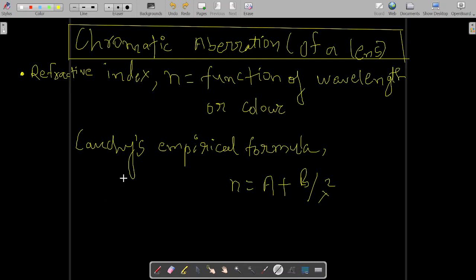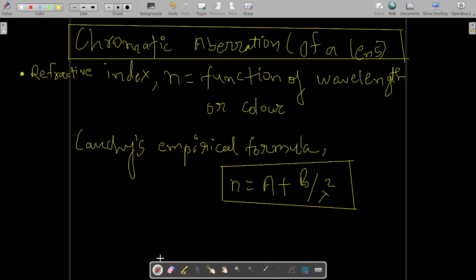By Cauchy's empirical formula, the refractive index and the wavelength of a color are related by this particular formula. You need not go into the derivation of Cauchy's empirical relation, but you can understand from it that the refractive index and the wavelength are related like this.